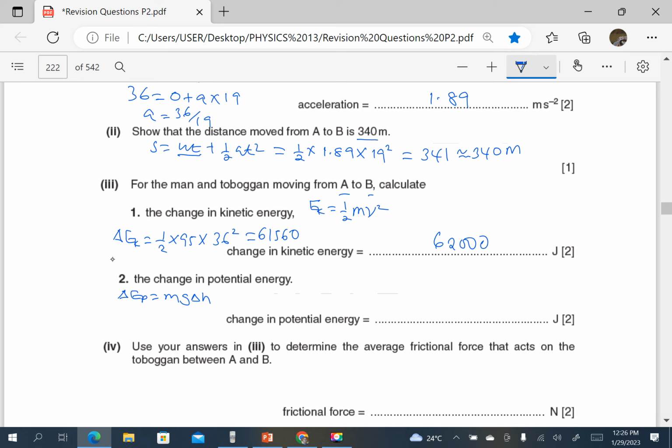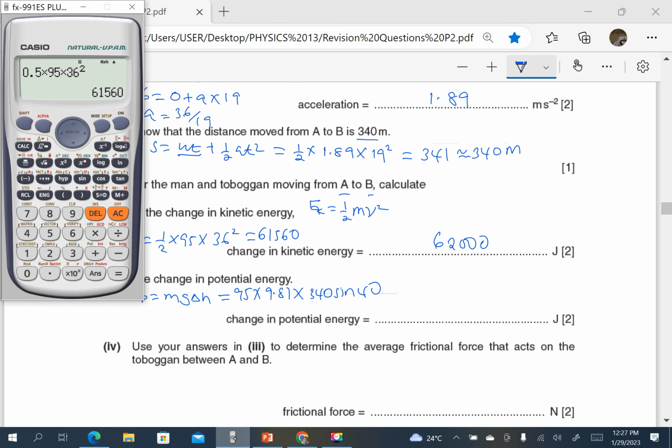So I'm substituting. This will be equal to m, which is 95, times g, which is 9.81, times h, which is 340 sine of 40. So we have 95 times 9.81 times 340 sine of 40.